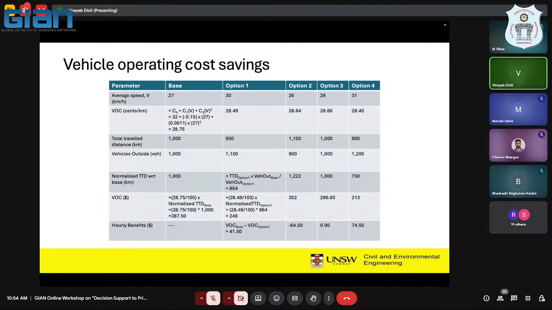So you're basically normalizing based on the distance and the number of vehicles using it.